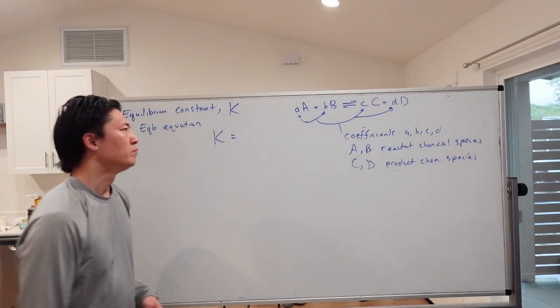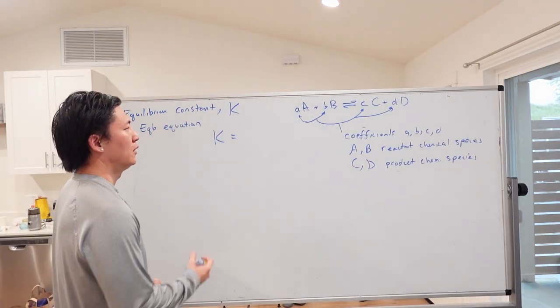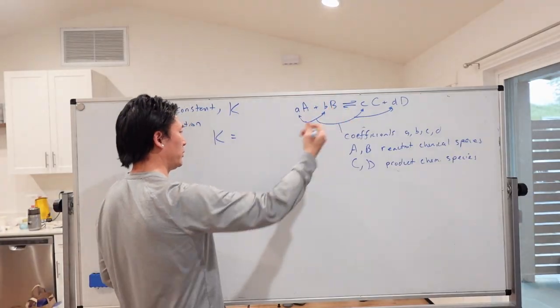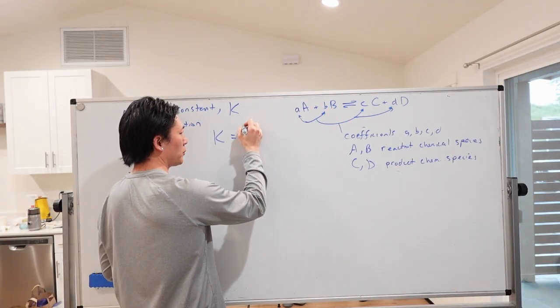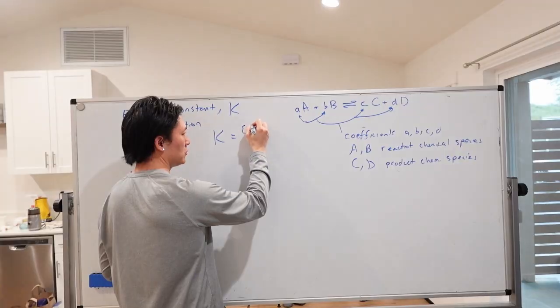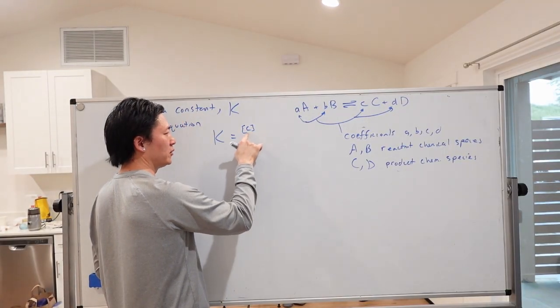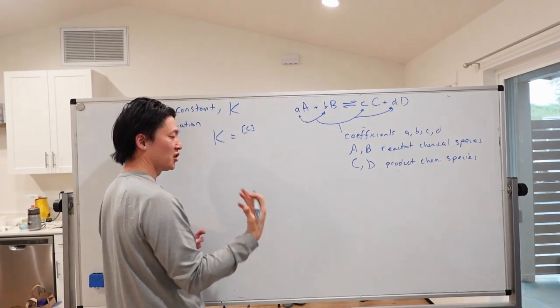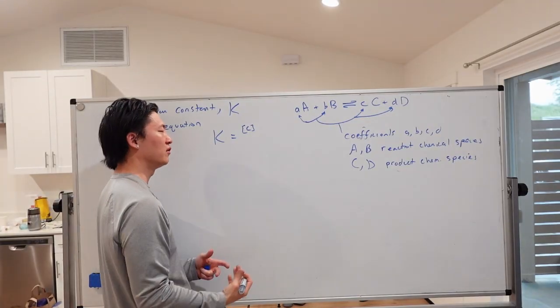Right? And so if this is some generic equilibrium, then it would be the products multiplied by each other, their concentrations. Remember the brackets indicate concentrations, which is an amount, usually moles per volume.